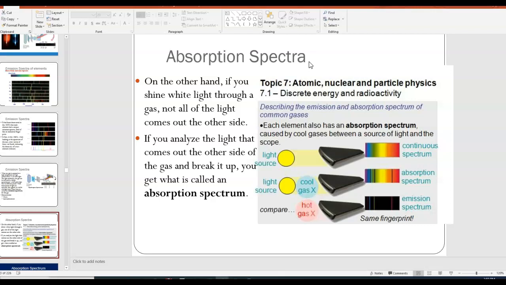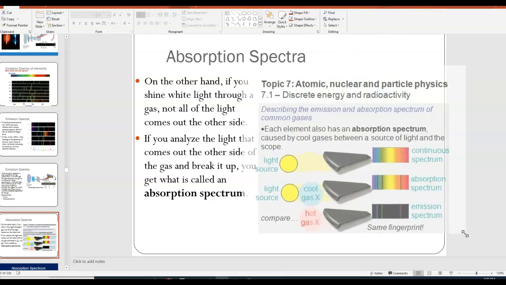Well, if you take that same gas and you put white light through the gas and then through a prism, you don't get a continuous spectrum anymore. Somehow by going through the gas before going through the prism, it loses some lines and you get what's called an absorption spectrum. And that's what you see here in this picture.